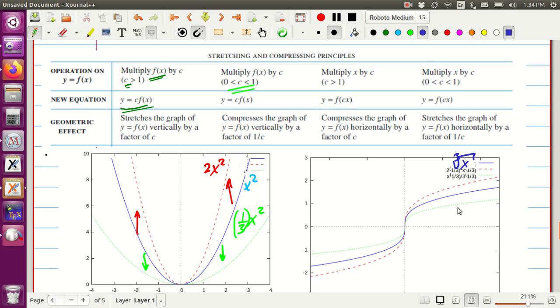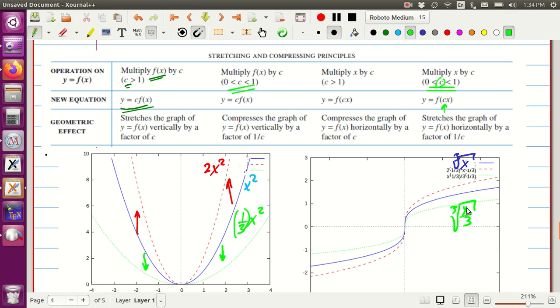The graph in green, I think it's a horizontal stretch, so it's actually cube root of x over 3. So what happens, you pull on the sides. In this situation, you have a factor of 1/3 in front of x, right?